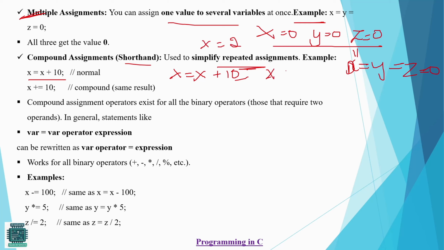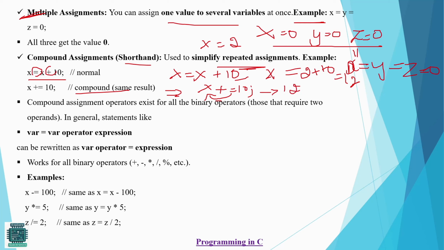Now the x value will be 2 plus 10, that is 12. Instead of writing like this, by compound we will get the same result. It means for x value, you add 10 and give me the total value of x. This is the meaning of this one. Here also we will get the same value, that is 12.